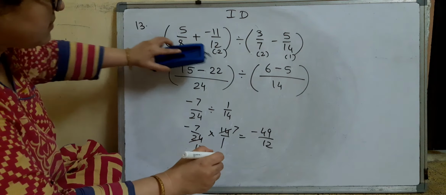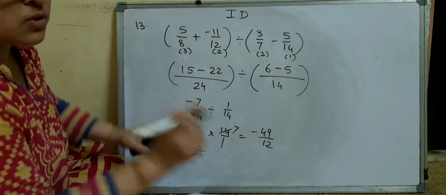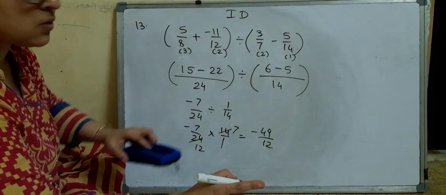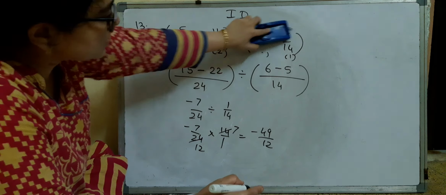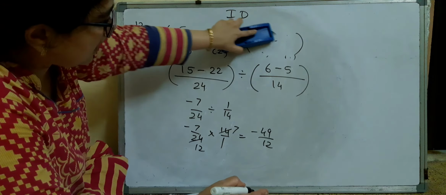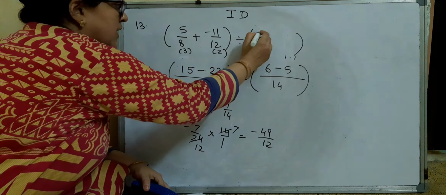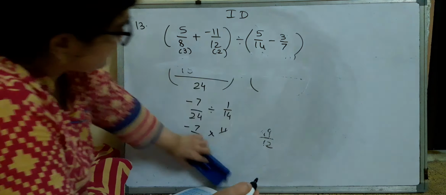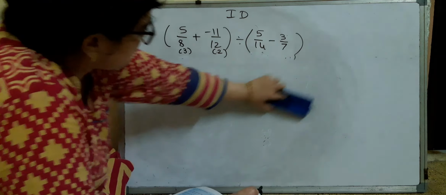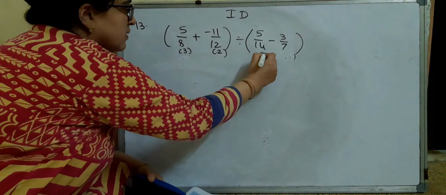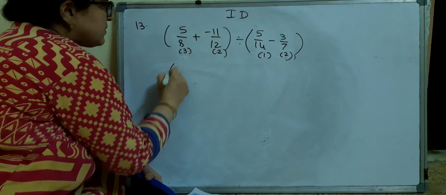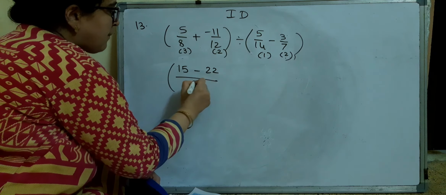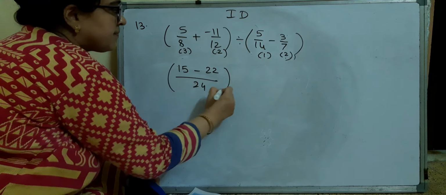Now for the second time you have to interchange these, because the difference is not specified, so there is no mention of which one is greater. Now write 5/14 first minus 3/7. Same thing here, 15 minus 22 upon 24.